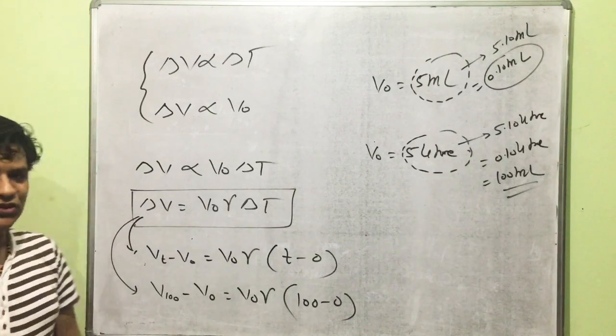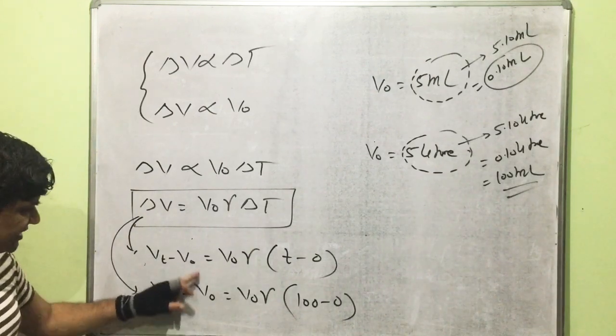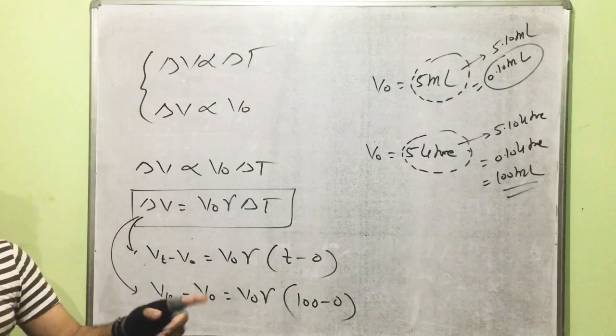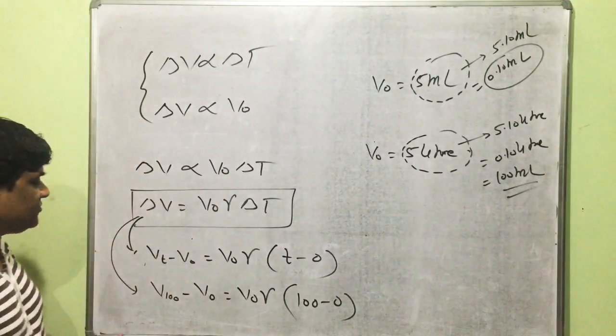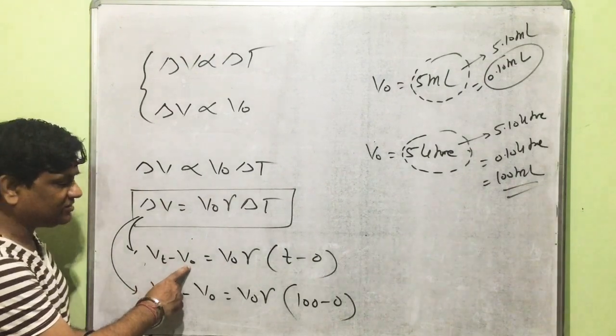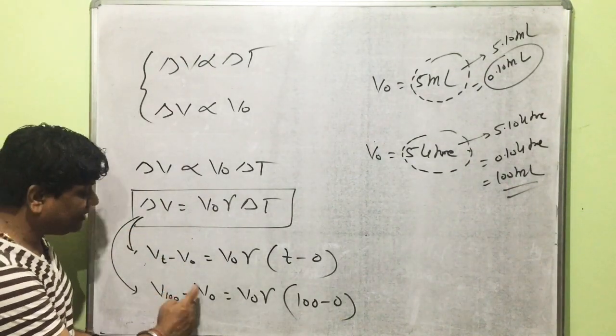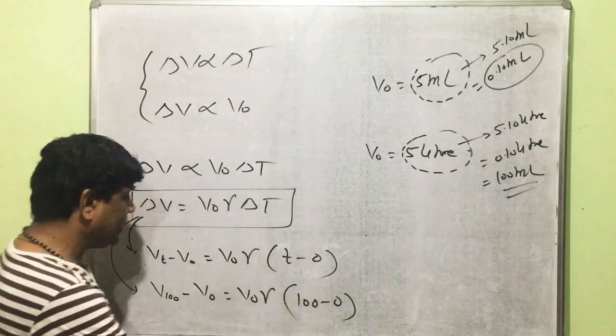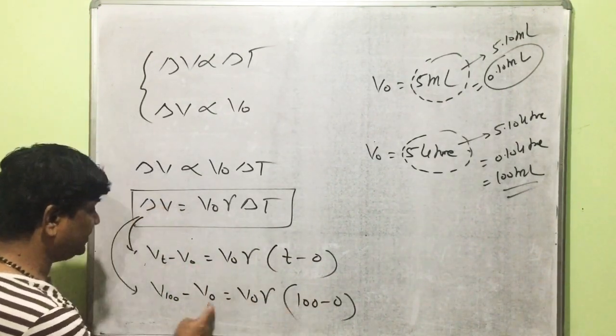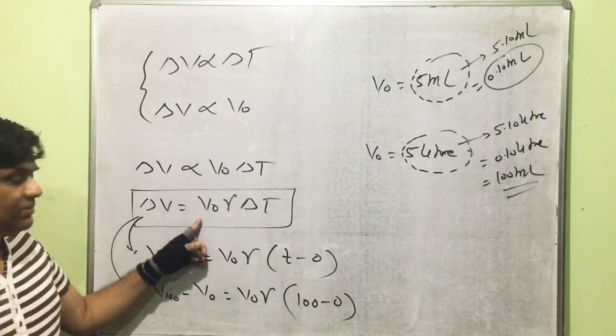Change always means final minus initial. Here the change in temperature is T minus 0, and here it is 100 minus 0. So both relations are developed from here.